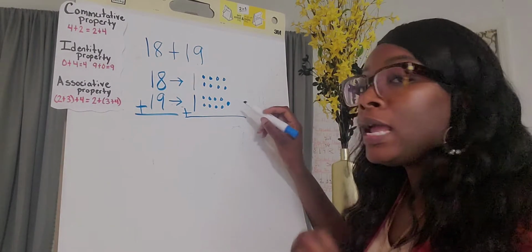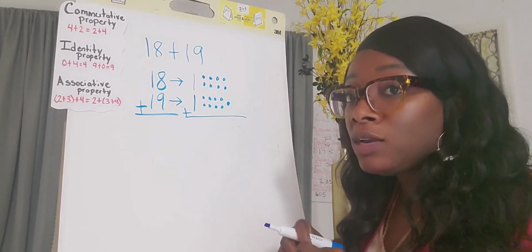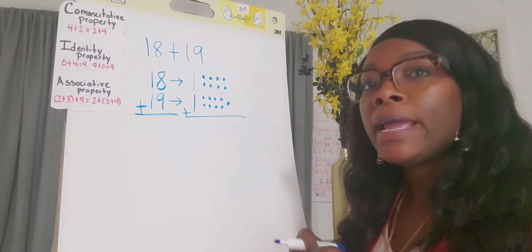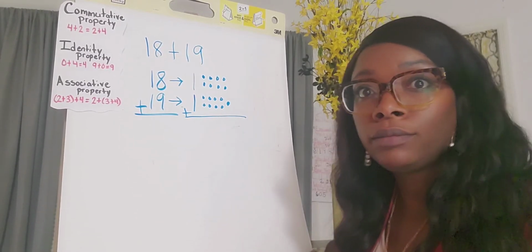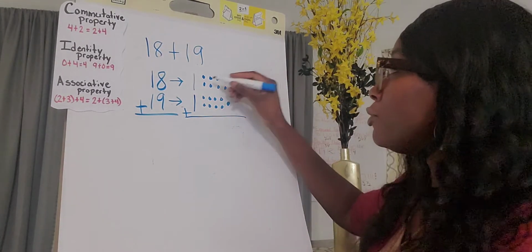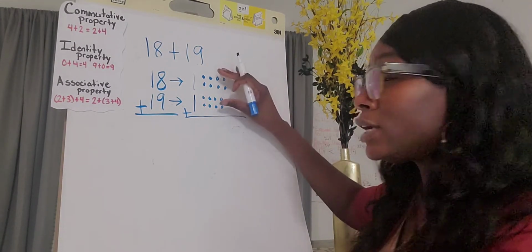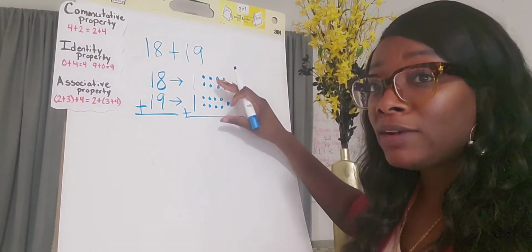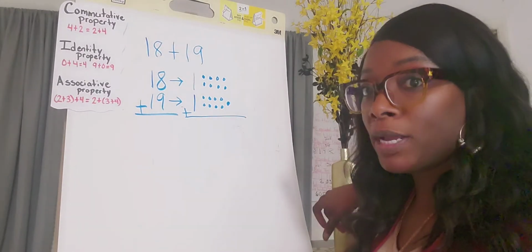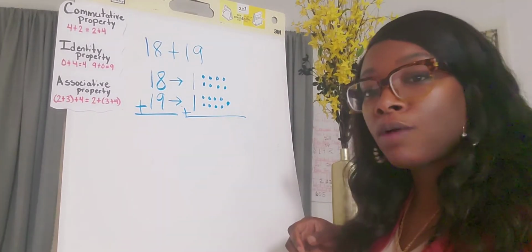We learned that a bundle of 10 1 units can be bundled up and traded in for a what? For a 10 rod. You're right. So guess what? I'm going to find 10 of these and circle them, and I'm going to trade those in for a 10 rod. And I'm going to use a different color marker to do that. So I'll make sure that we see what we're doing. Let's try red.